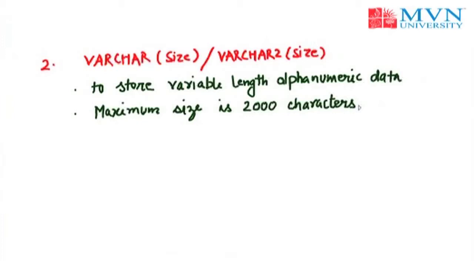That is, the inserted values will not be padded with spaces. For example, name VARCHAR(50). If the data held in this variable name is 30 characters in length, then the remaining 20 characters of space are not padded with blank characters and the memory space of 30 characters is used.